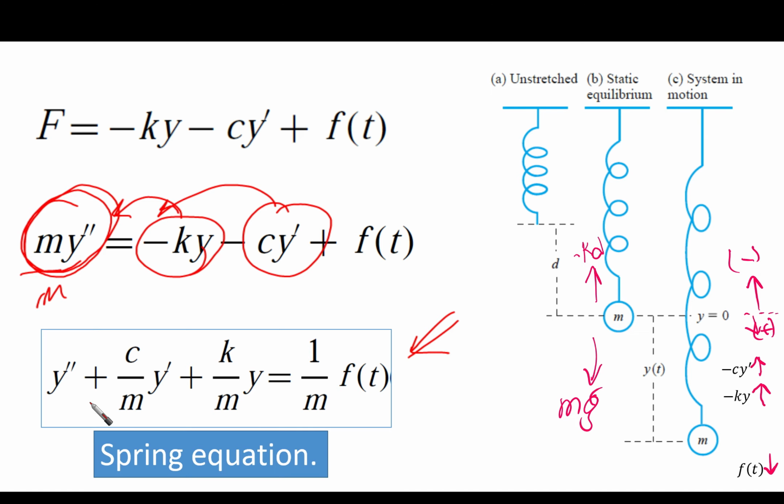Is it similar to something that we used to solve before? Yes, it is very similar to the ordinary differential equations we have used before, with constant coefficients here, right? We have c over m and k over m, which are constants. We have y double prime, y, and on the right-hand side we have a term.